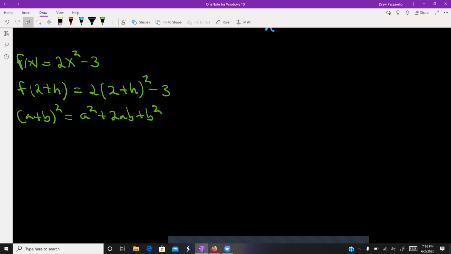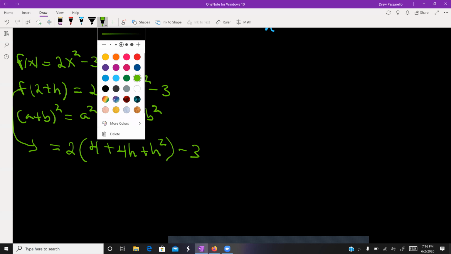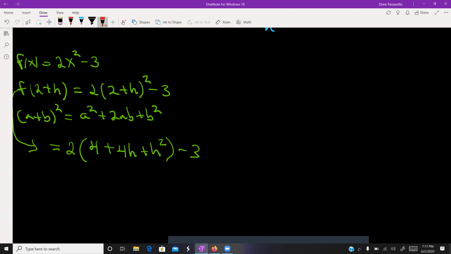So in this case, this is going to equal 2 times, in parentheses, 2 squared is 4, plus 2 times 2 times h, which will be plus 4h, and then plus h squared, and then minus 3. That's just using that formula, or you could write it as 2 plus h times 2 plus h. So that's what this became.